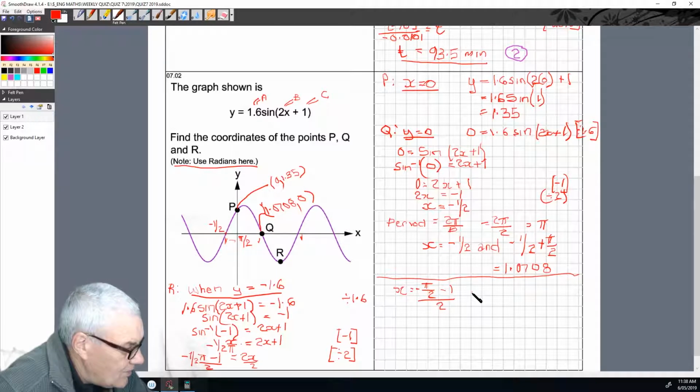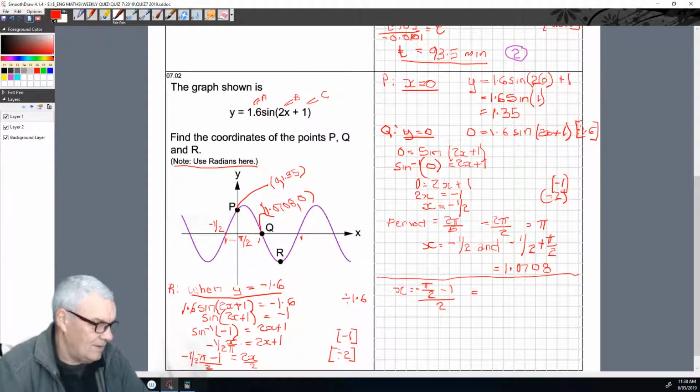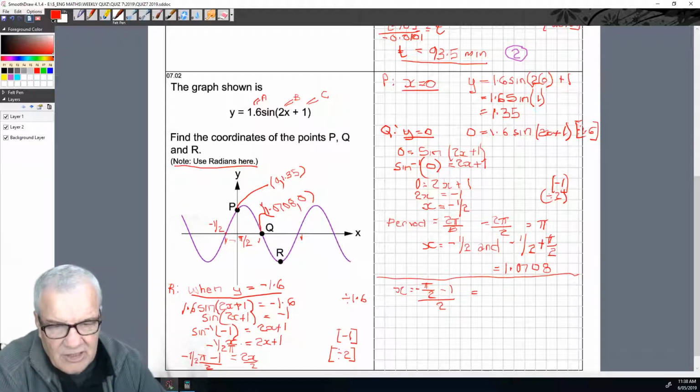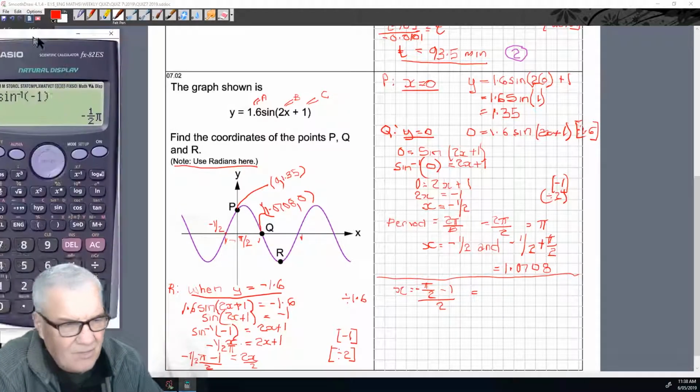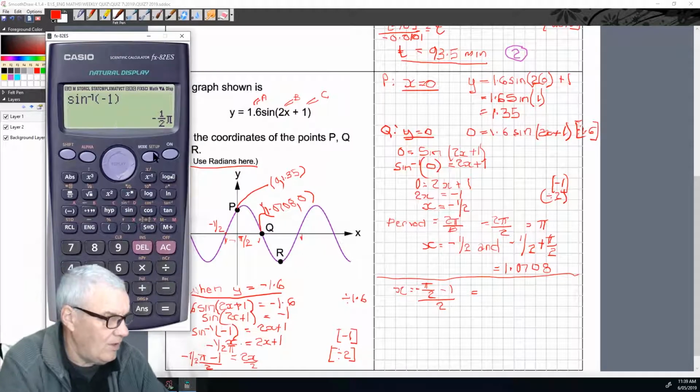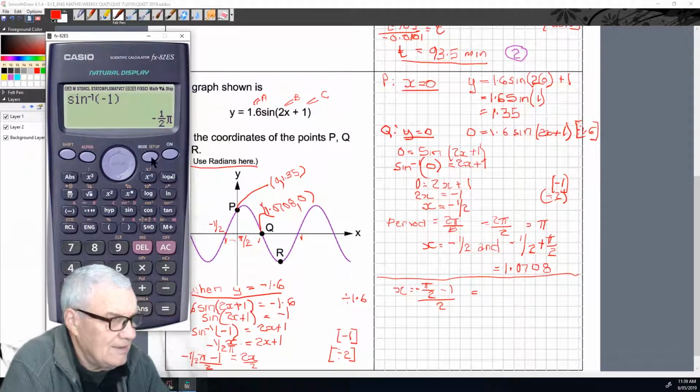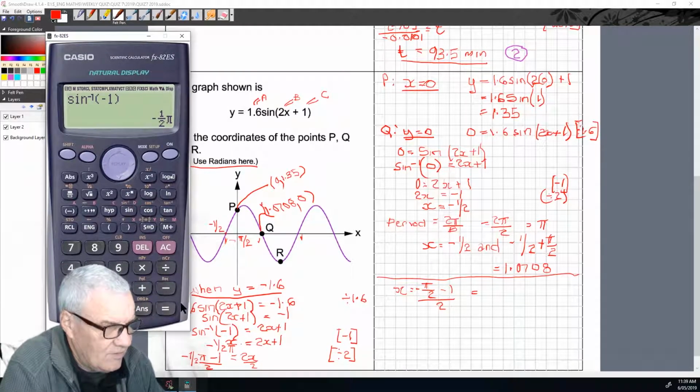Okay, and that equals, alright, let's go to our calculator here. Negative pi by 2, so that's already there.